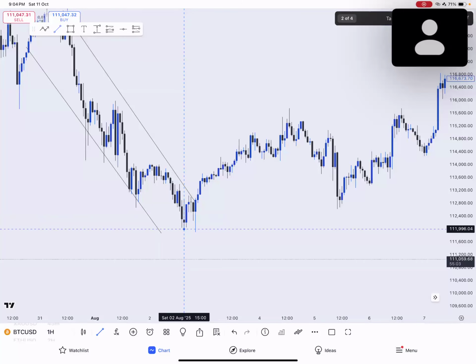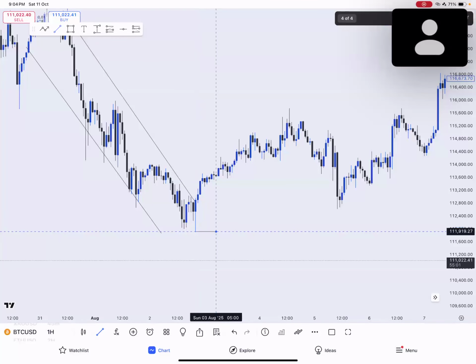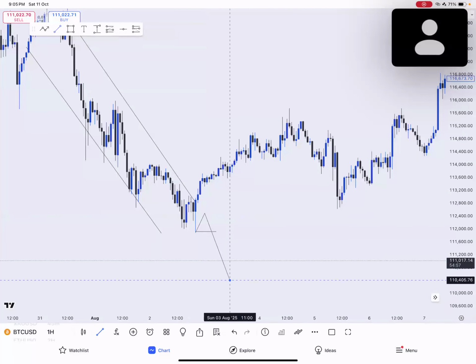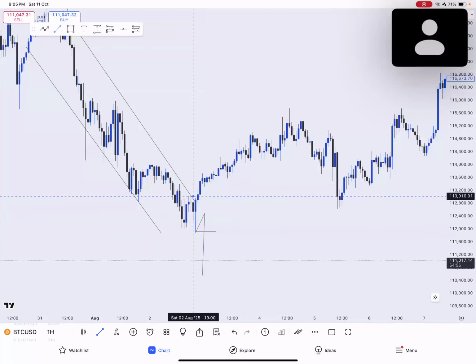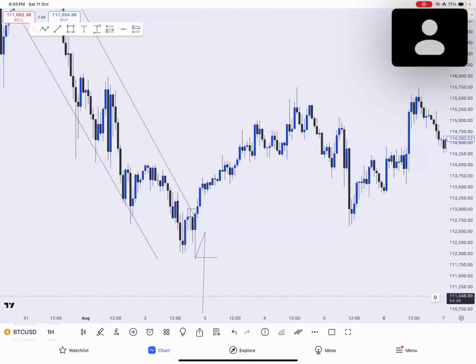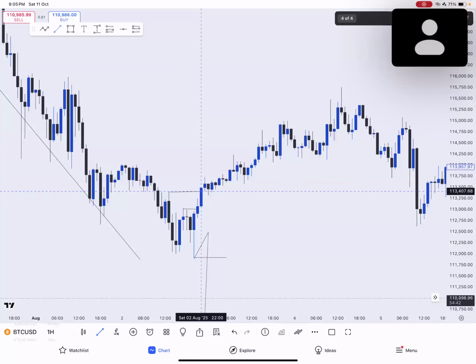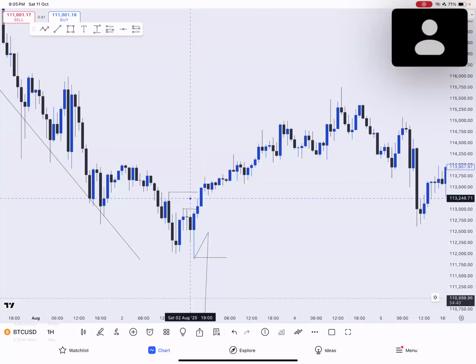The moment price came here after making this last low and then came up, instead of making another lower high so it can continue pushing to the downside, what did it do? It came up here and took out this high. The moment that happened, we got a market structure shift. Even if this is not the high you saw, when this high was also taken out, it is still a market structure shift.